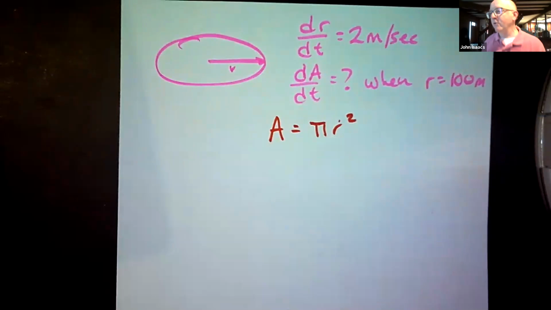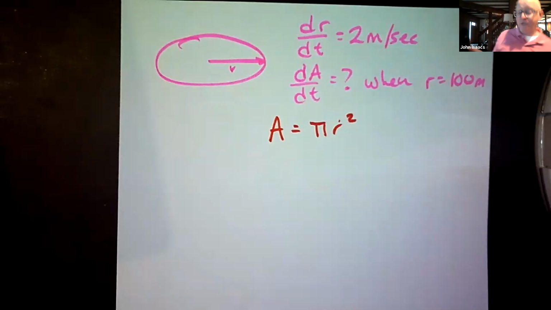I stated at the very beginning of class that you've been studying algebra for years, and algebra is the calculation of what happens at a particular point, where calculus is the study of how things change, right? And that's really where we are now.